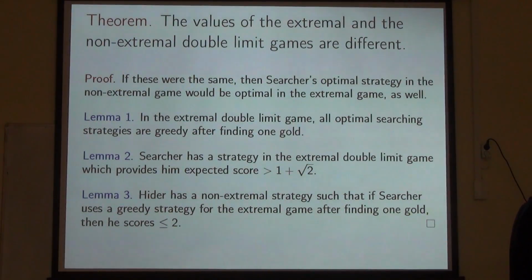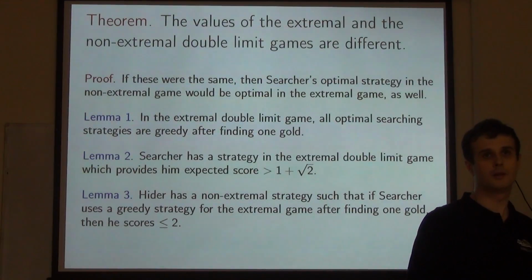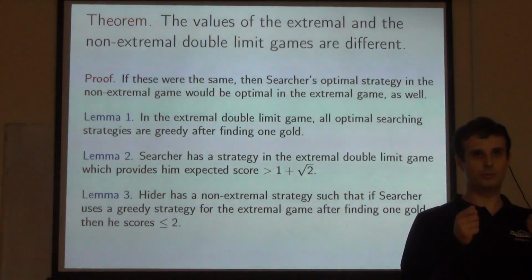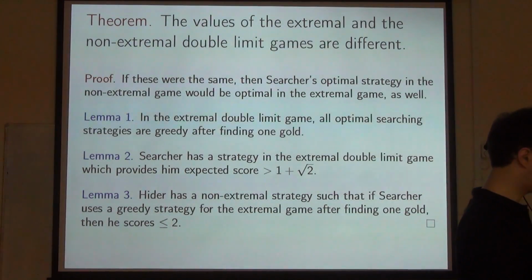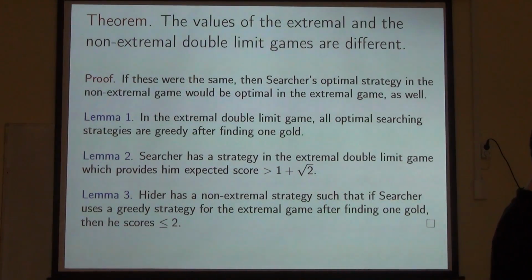And it means that the optimal searching strategy in the original game also has this property. So assuming that the two games have the same values, any optimal searching strategy of the original game is optimal in the extremal game as well, and any searching strategy in the extremal game has this form.